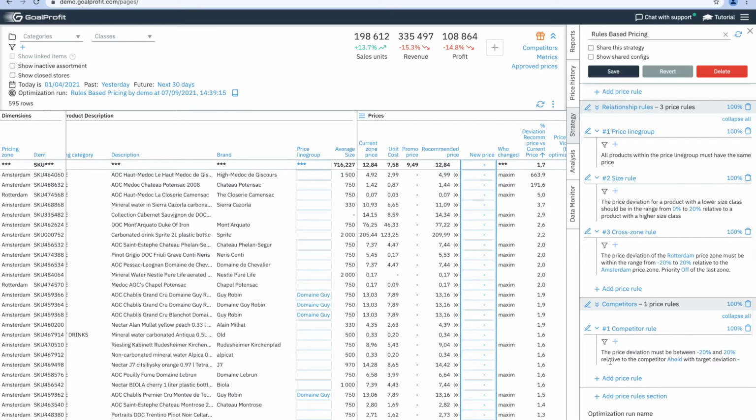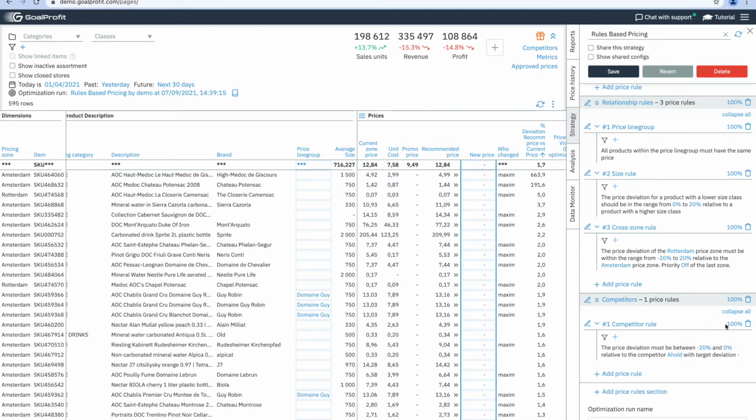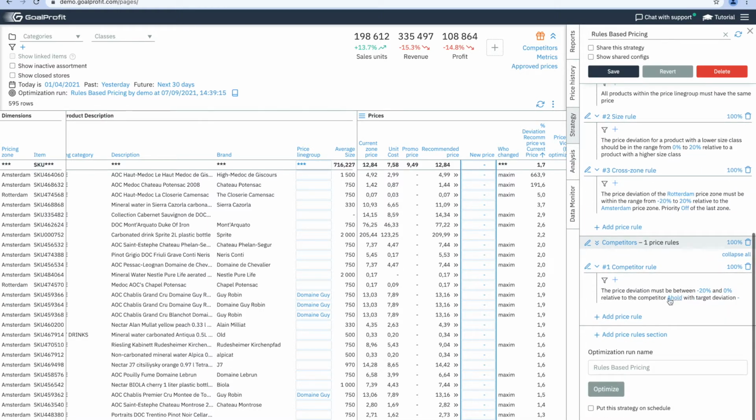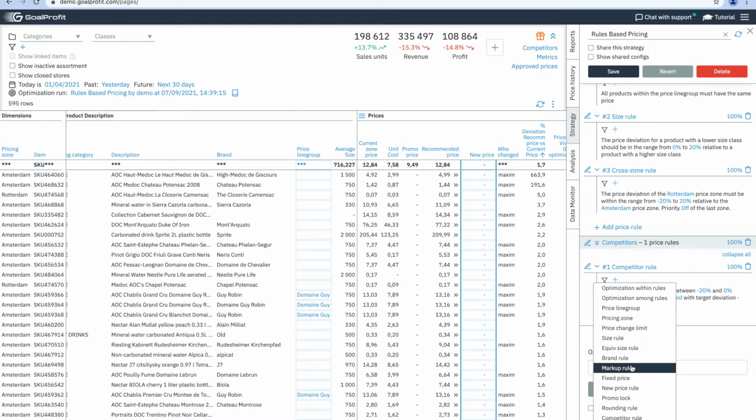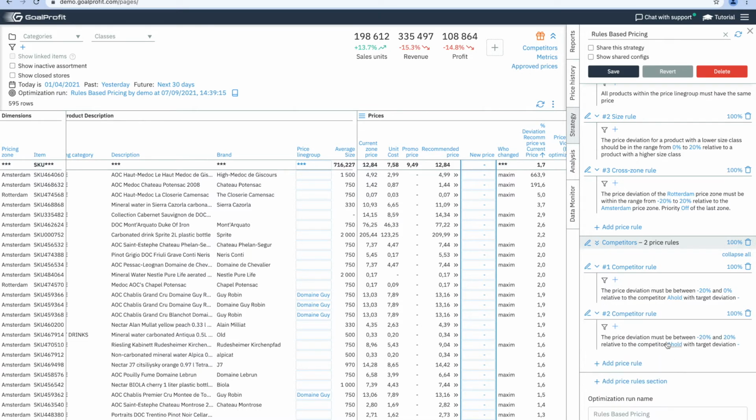We could say that my price should be -20% from Ahold. So we want to be cheaper than Ahold. I can add another one saying that I have another competitor like Jumbo, and I want to have an equal price with Jumbo.